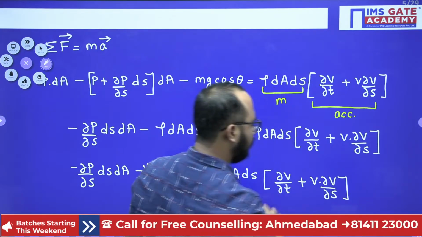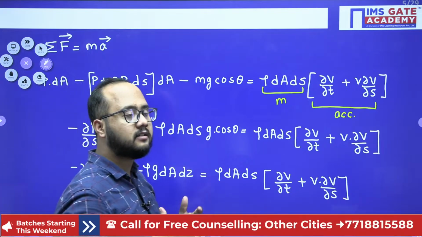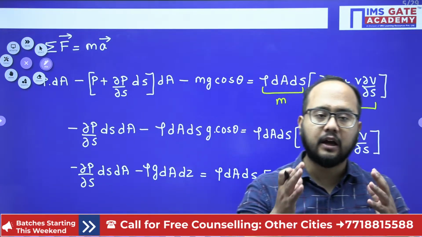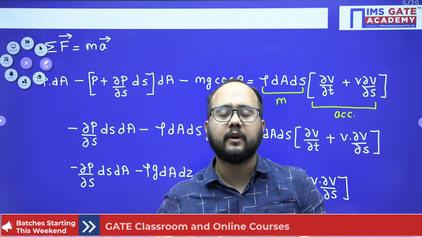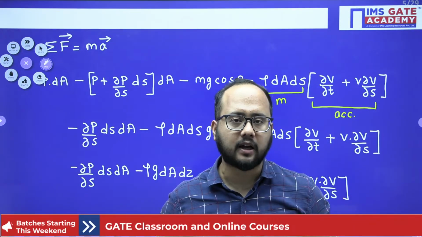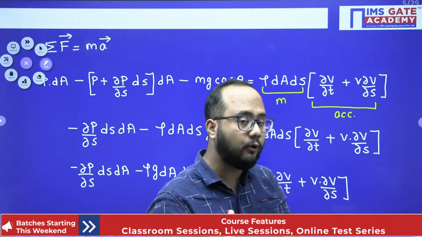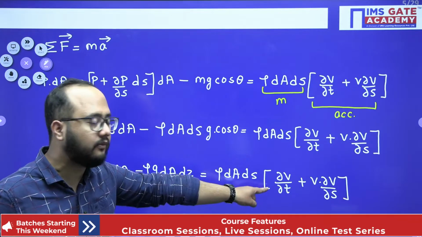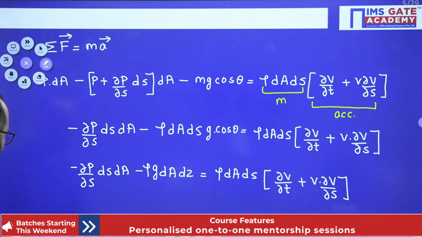Now I will be taking assumptions. Let's suppose I am taking a steady flow condition, because that is the most common assumption that we take in fluid mechanics. Most of the cases belong to steady flow. So if the flow is steady, obviously the ∂v/∂t term will not be there.